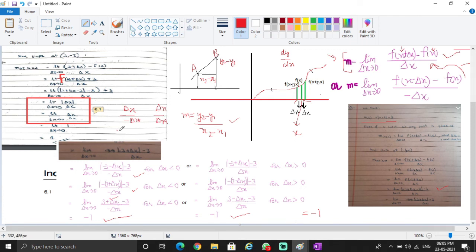So here the slope is minus 1 and here the slope is positive 1. As the slope in the two neighborhoods is different, that means this function is not differentiable at x equals 2.